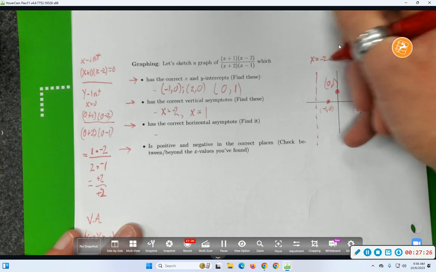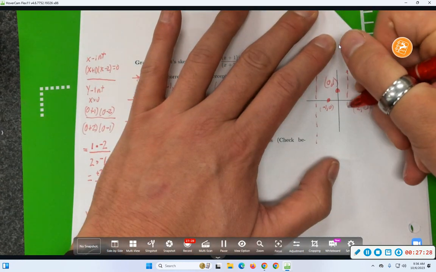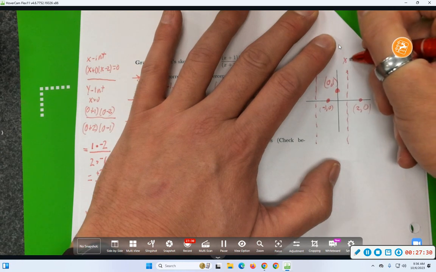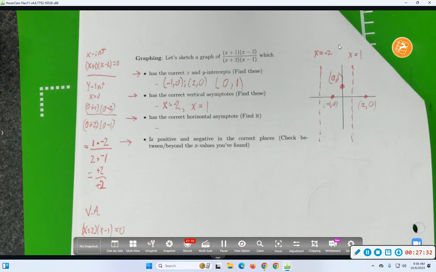x equals -2, x equals 1. Horizontal asymptotes. Let's check. What's the degree of the numerator? What's the degree of the denominator? 2. Cool.